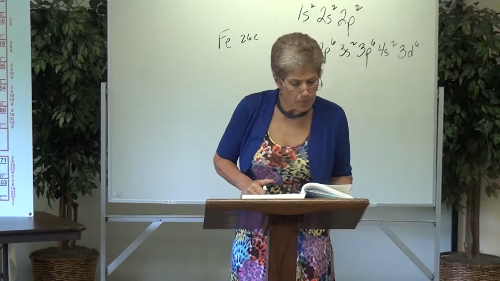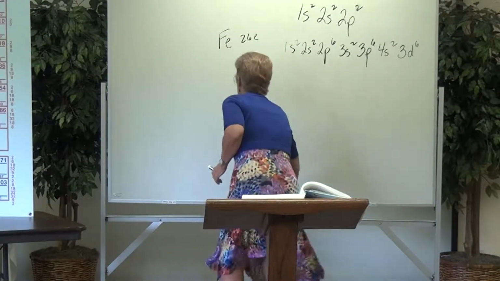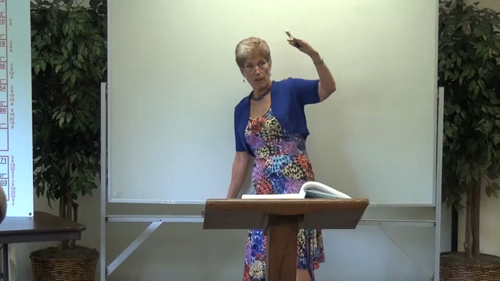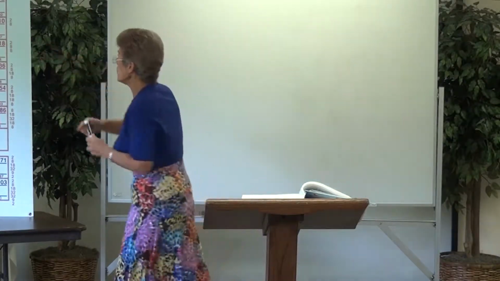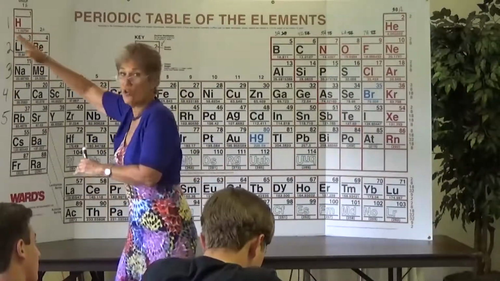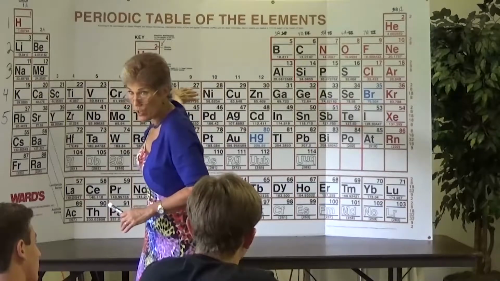Over on page 108, it says, do the electron configuration for oxygen. Instead of being tortured like I would have had to, where you had to have memorized going from 4s and then to 3d, he gives you a way that you can use the chart. Let's do oxygen. You go left to right, top to bottom, until you get to wherever you're going.